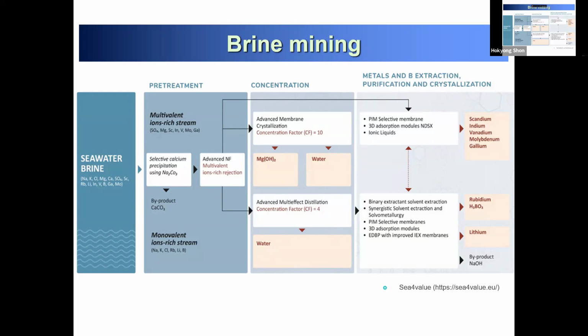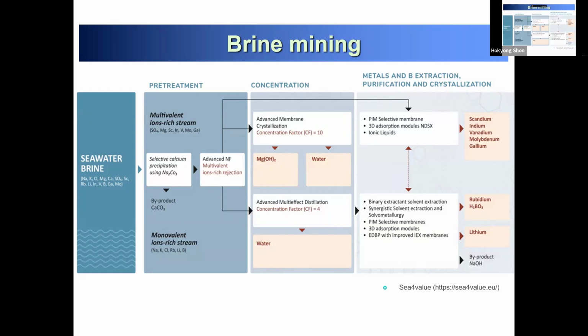Advanced nanofiltration can separate monovalent ions and divalent ions, so you can use different crystallization methods. Increase the pH, and magnesium can precipitate as magnesium hydroxide at the bottom.